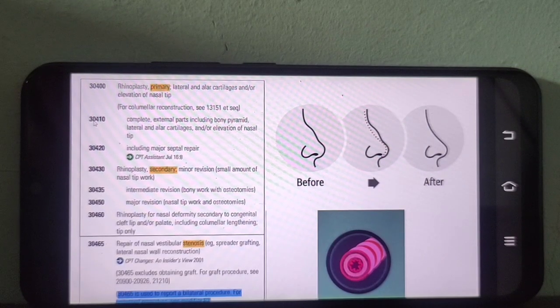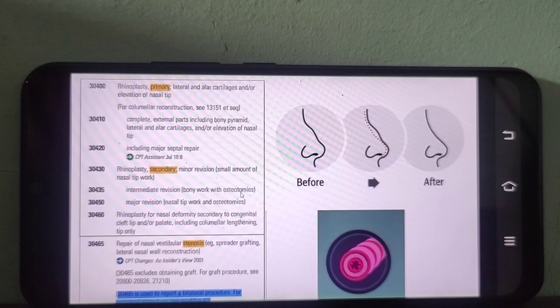The above three code sections are for primary rhinoplasty, then the below three code sections are for secondary. Same like that, suppose a doctor just corrected the tip, code 30430. Intermediate revision means bony work with osteotomy. The surgeon also makes a cut on the bone of the nose.